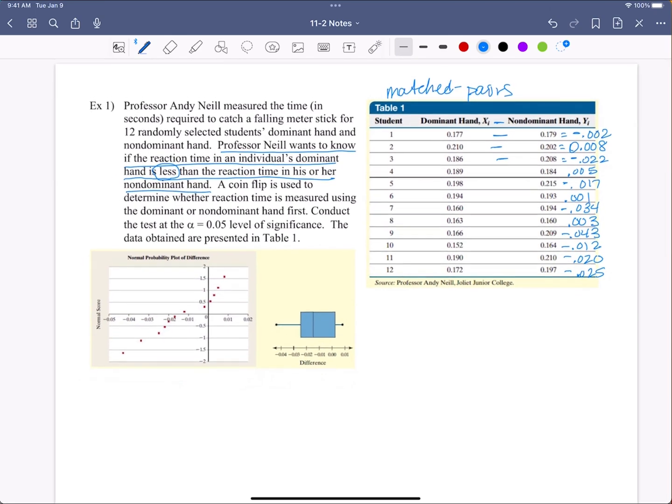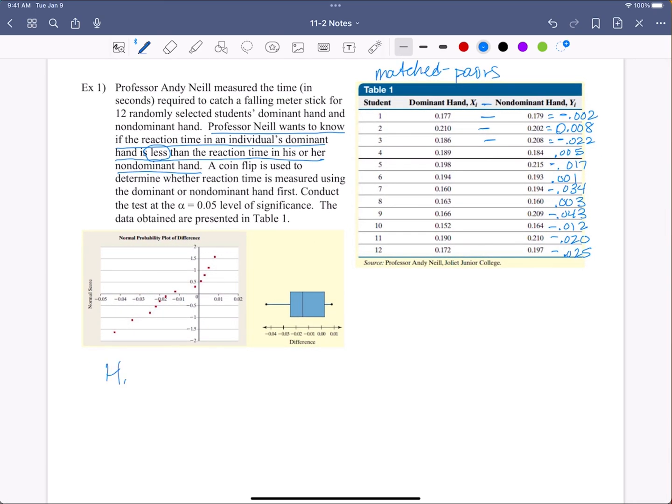So as I set up, the mean will always equal 0. Oops, the mean of the differences. That's important. I almost forgot my D there. The mean of the differences is always going to equal 0 because that's what we're starting with on matched pairs.